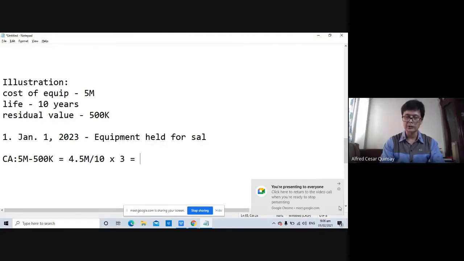Times 3 years, so 1,350. That's just how you get it, of course, you already know that, right? Okay, so the accumulated depreciation is 1,350,000.